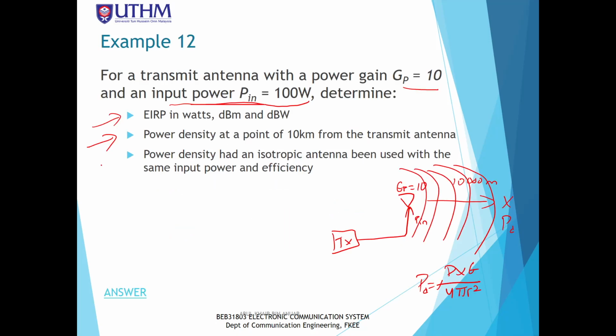The next question asks, how much is the power density if we change to an isotropic antenna with the same input power and efficiency?